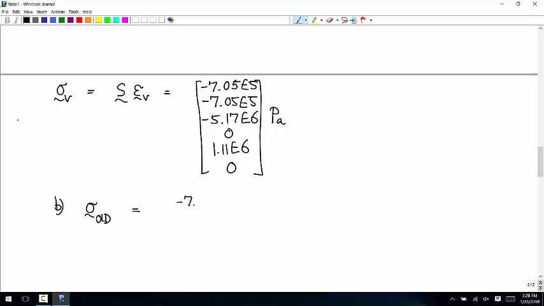So that's -7.05 times 10 to the 5, -7.05 times 10 to the 5, -5.17 times 10 to the 6, and then 0 there and there.